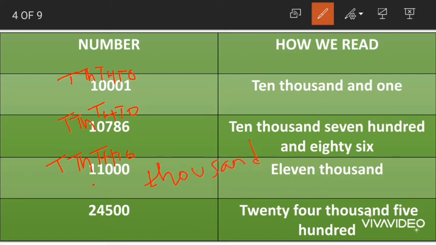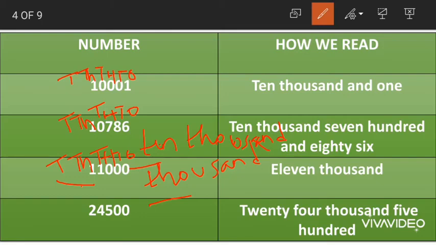Again, this one is at 10,000's place. So what will the place value of this one be? Place value will be 10,000. So we have this 10,000 and also we have this 1,000. Now what will 10,000 plus 1,000 be? What will 10 apples plus 1 apple be equal to? 10 plus 1 apples is equal to 11 apples.